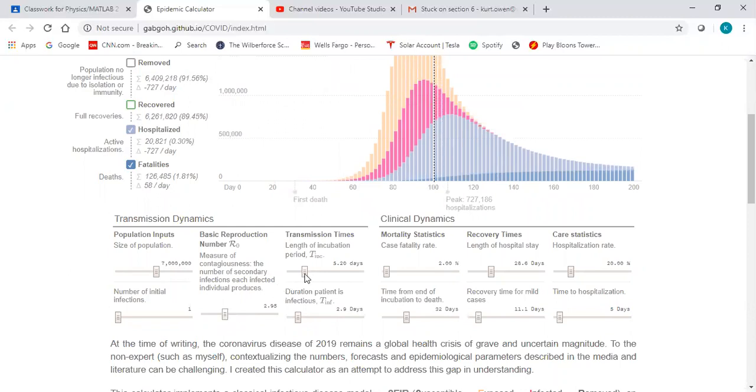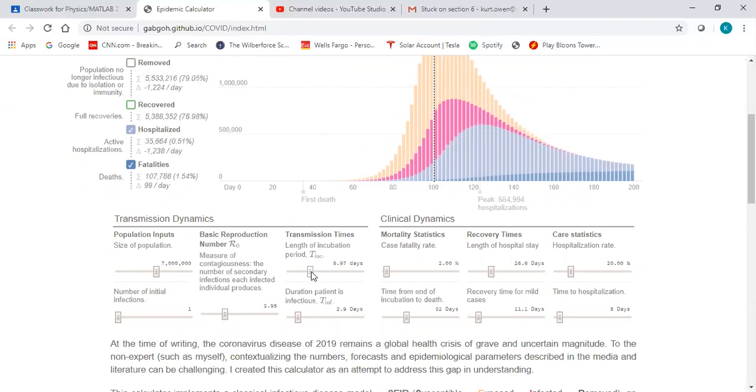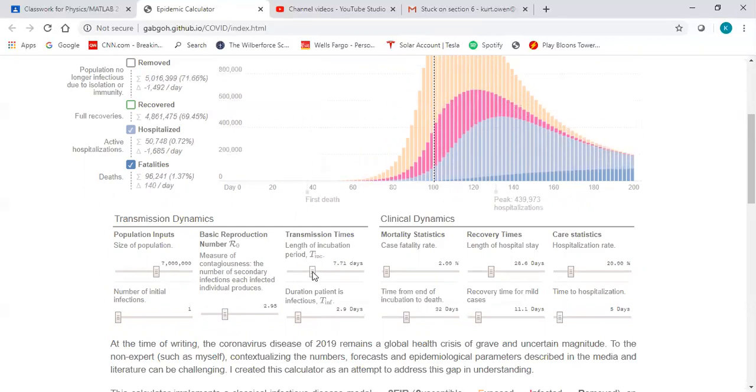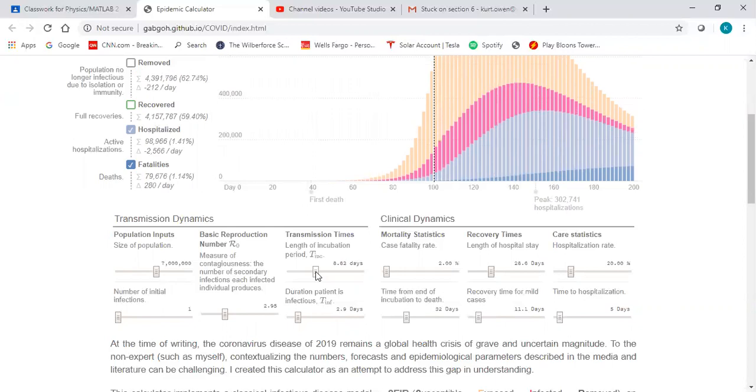So another part of the model that's important is the transmission time. If we change how long the incubation period is, that's how long people who get exposed will take to become infected. So it actually delays the curve if the incubation period gets longer.